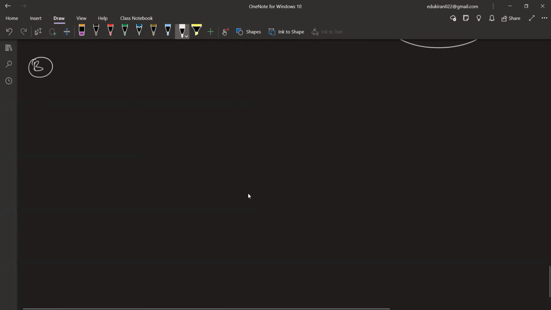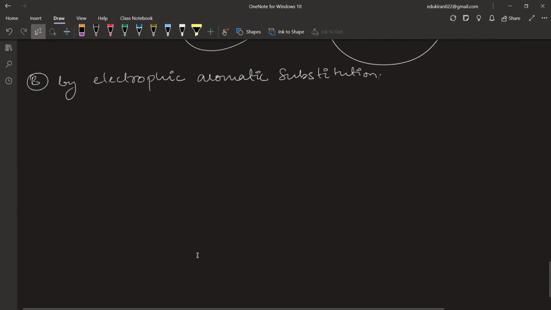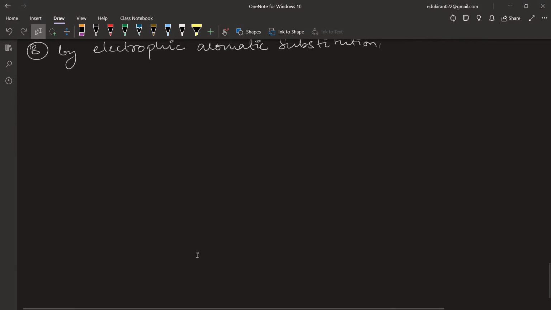Next one is by electrophilic aromatic substitution. These are very simple reactions. I will not explain much. I will just give you the questions and you will write the product. By electrophilic aromatic substitution.